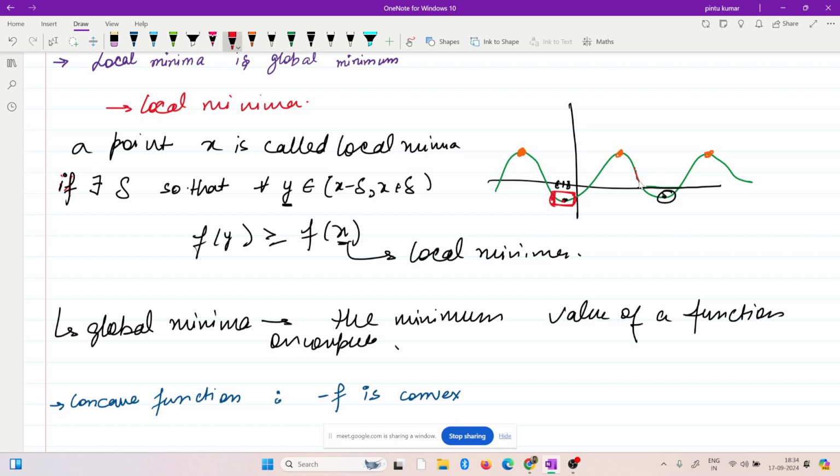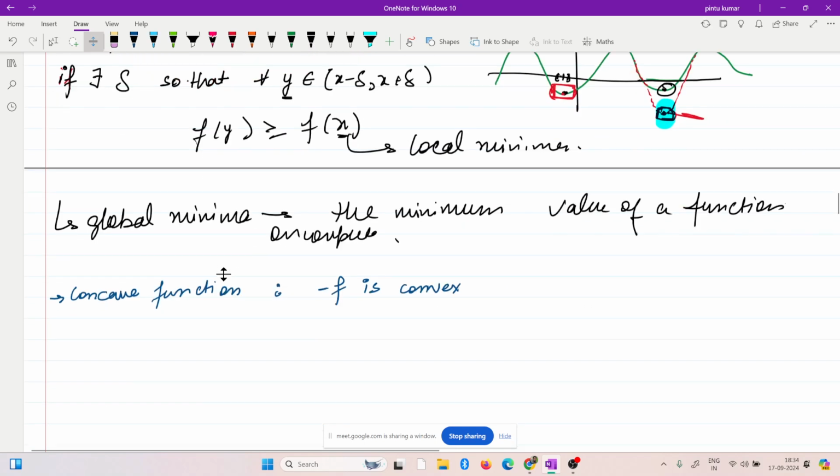Let's say this function looked something like this. So this is also a point of local minima, and this is also a point of local minima, but the function attains a lower value at this particular point, right? So this we will call the global minima. We will check over all the local minimas, and wherever it attains the minimum value would be your global minima. So now why are we talking about local minima and global minima?